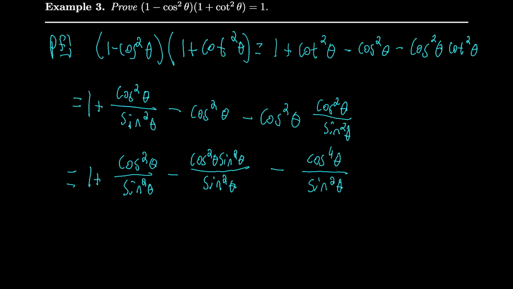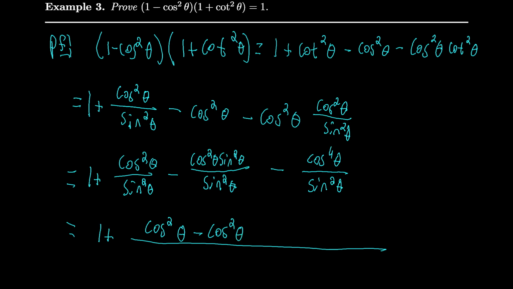Cool. And then maybe in the next step, if we write all of this as one giant fraction, it'll all make sense to us. Let's try it. So this is cosine squared theta minus cosine squared theta sine squared theta minus cosine to the fourth theta all over sine squared theta.